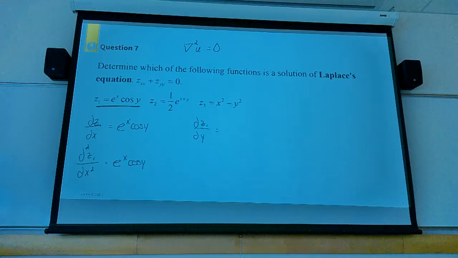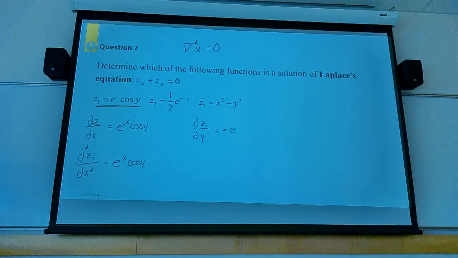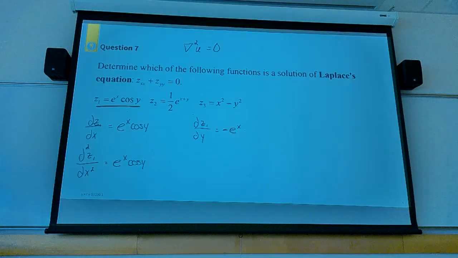Still looking at Z1. Second order partial with respect to y.